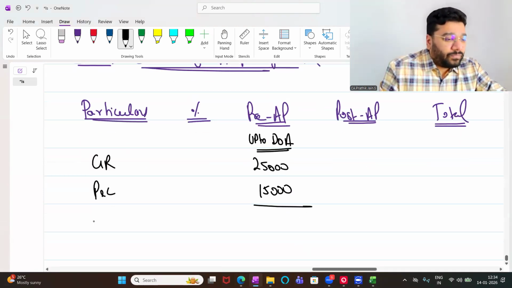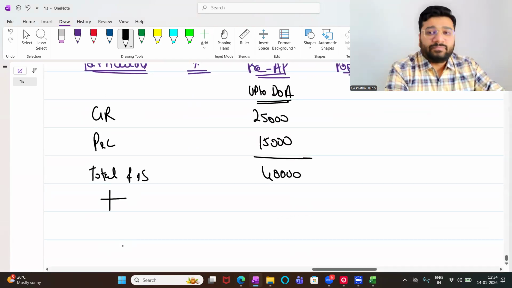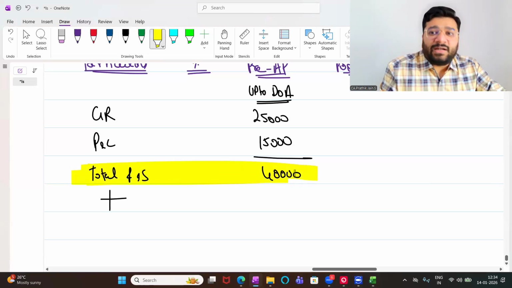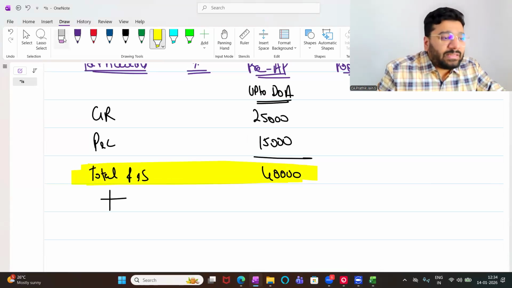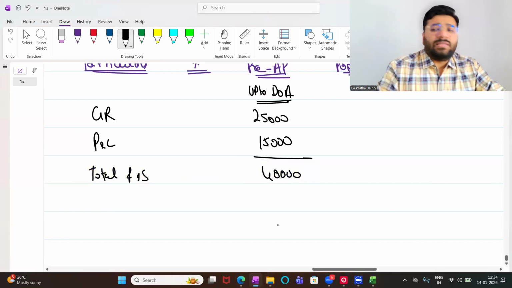All reserve and surplus, the total, how much is it? 40,000. Now all the adjustments will happen here, time adjustments below this. So far in all the questions we started from here. Here we're doing one step prior to that.